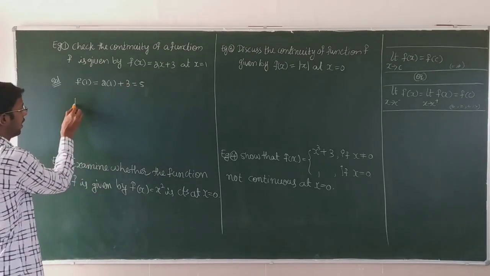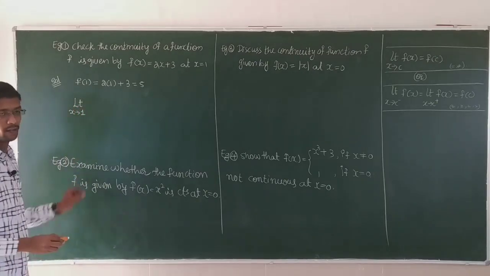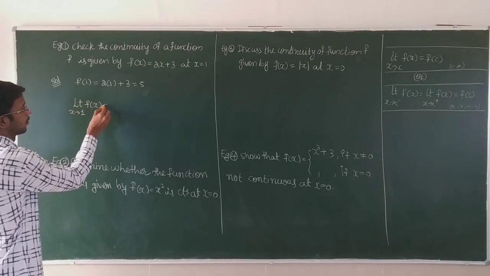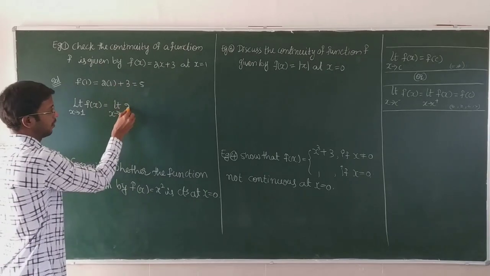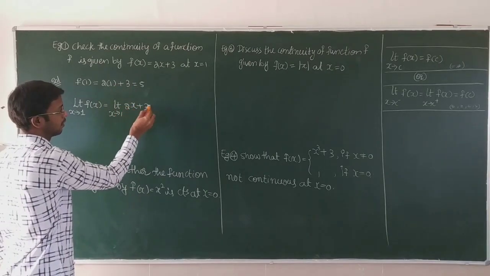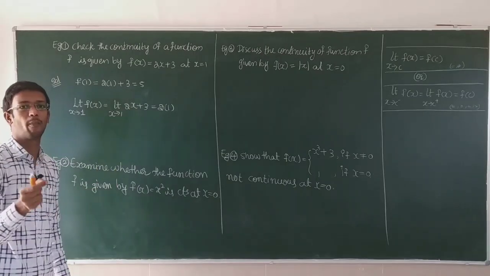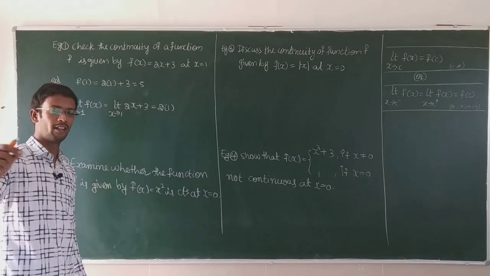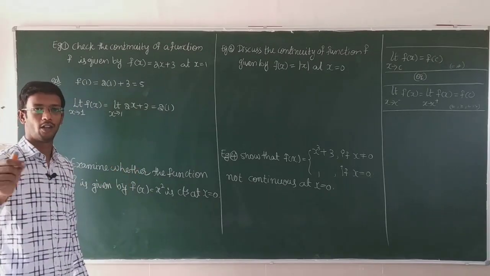Next, I'll find the limit. Limit x tends to c, where c is nothing but 1 here. So limit x tends to 1 of f of x. What is the f of x value? 2x plus 3. With x tending to 1, it means approximately equal to 1, that is 0.99999, otherwise 1.00001 also.